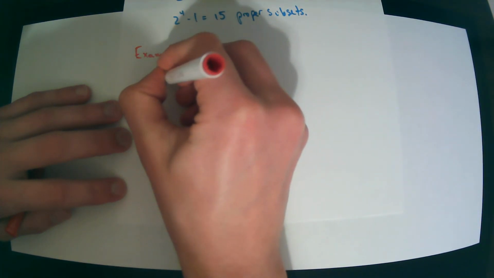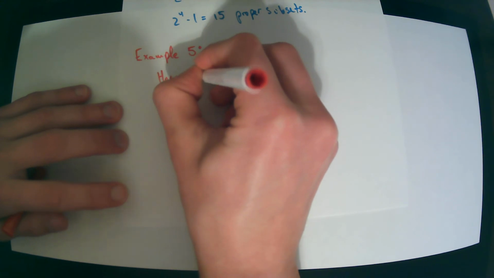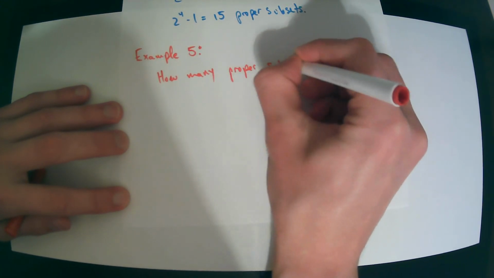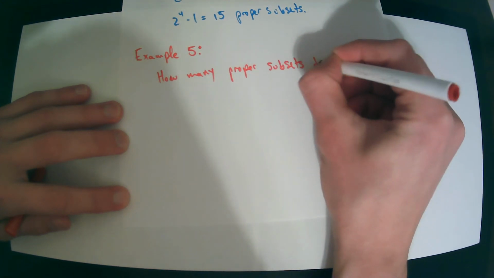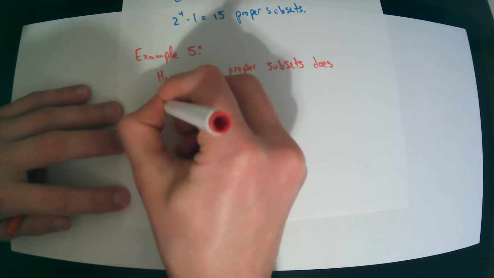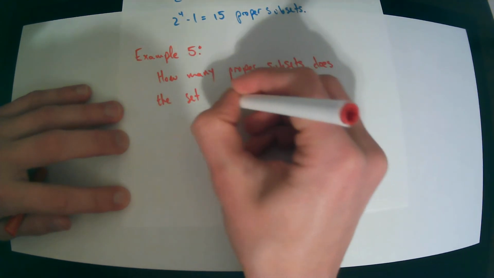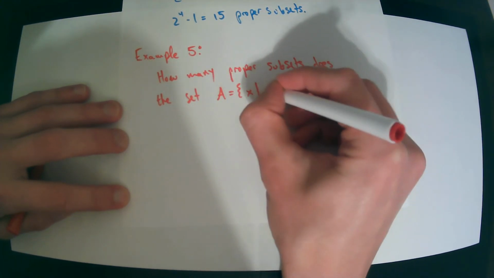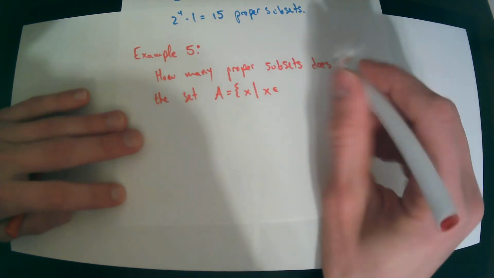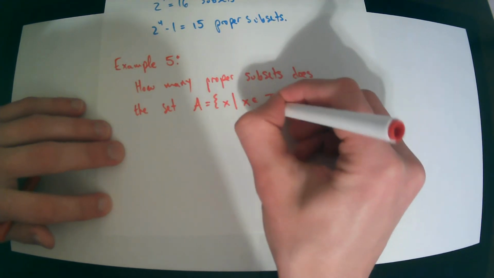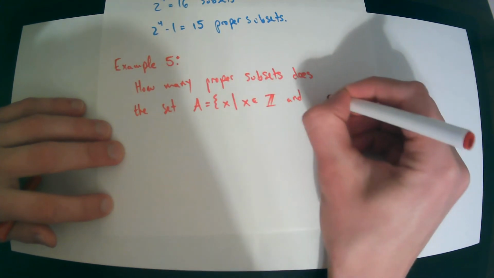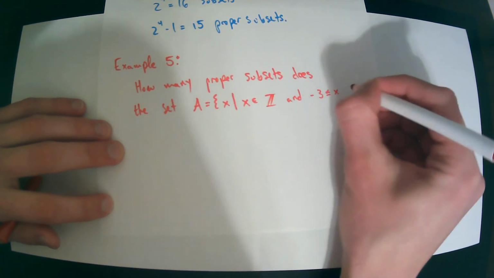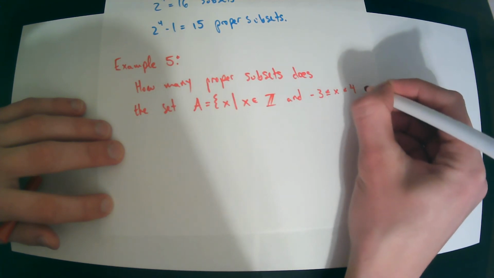How many proper subsets does the set A equal to the set of all elements x such that x is an integer and x is between -3 and 4?